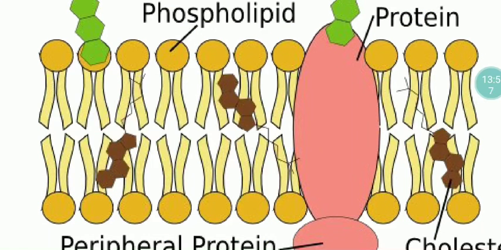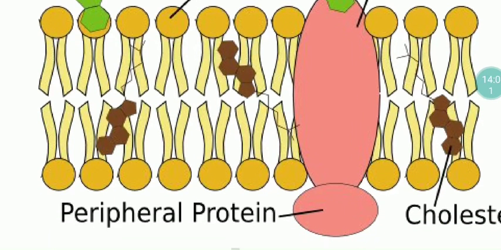And in between the tails of this phospholipid bilayer, you can see brown colored structures. They are nothing but cholesterol, which is also a kind of lipid.